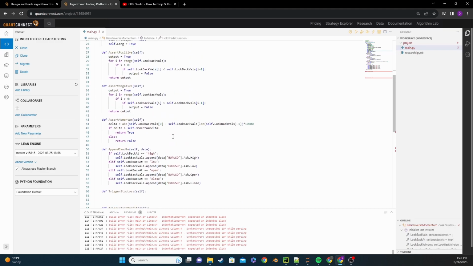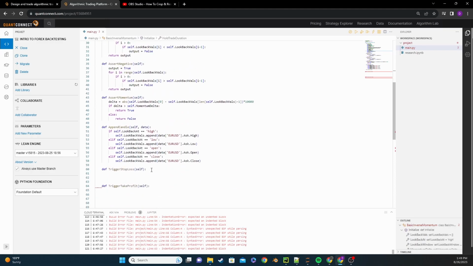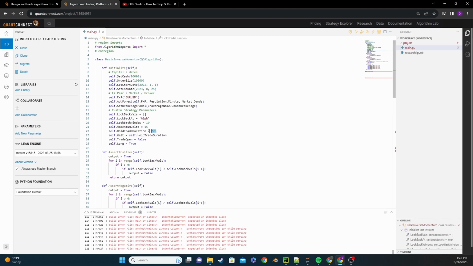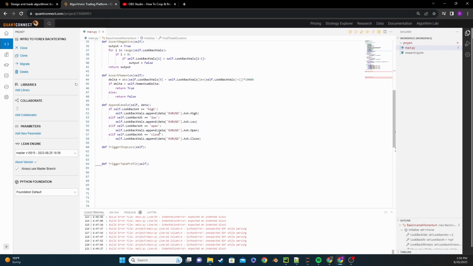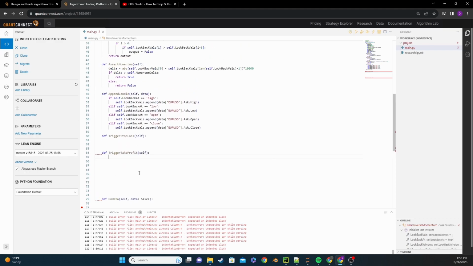Well, at some point in time, if we trigger the stop loss and we haven't enabled the algorithm to detect that the stop loss was triggered and we sold our position, it's just going to keep on counting down the trade duration, and then it's going to enter a new trade, or close this trade. I'm sorry, it's going to close this trade after the trade was already closed. So now it's essentially taking a new position, but it won't know it took that new position. So we want to make sure we do something that enables the algorithm to have that kind of insight.